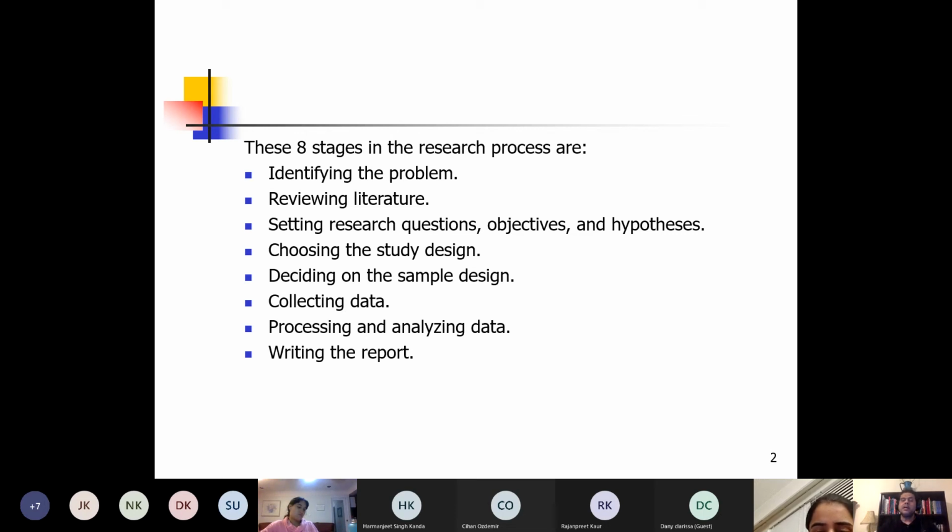I think Rajan Preet can remind us what do we mean by a hypothesis. What is a hypothesis, Rajan Preet? Yes, Professor. What is a hypothesis? I explained it last class. Remember my explanation.